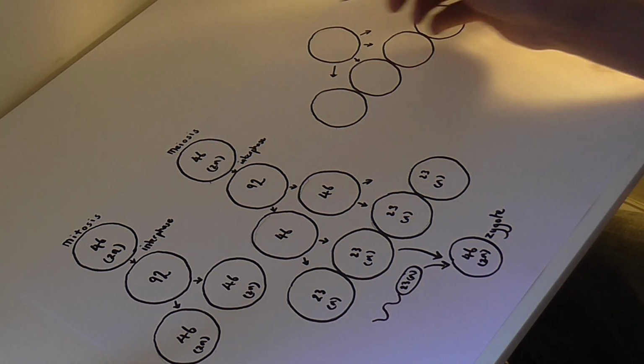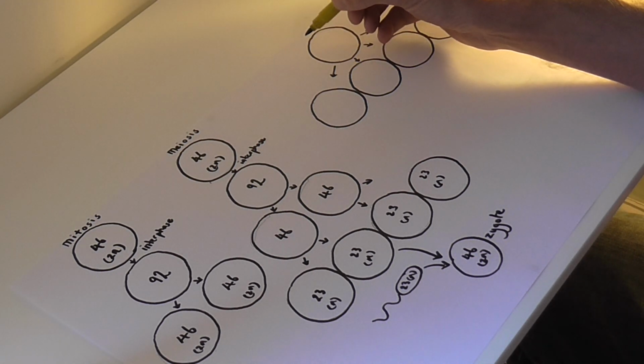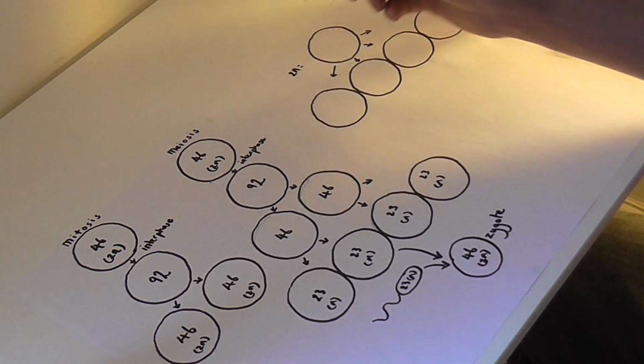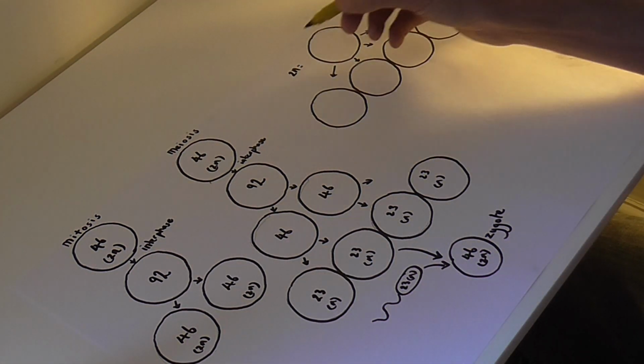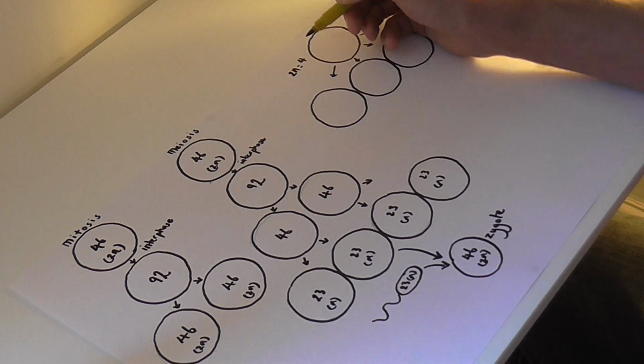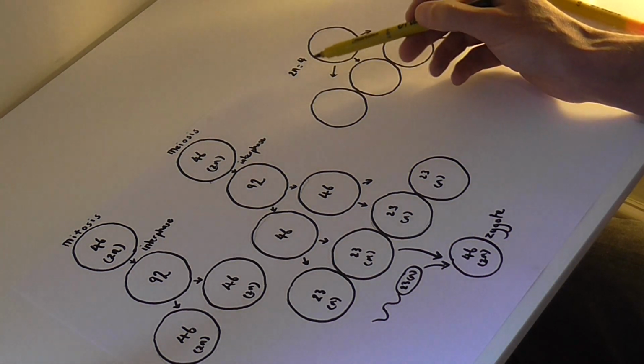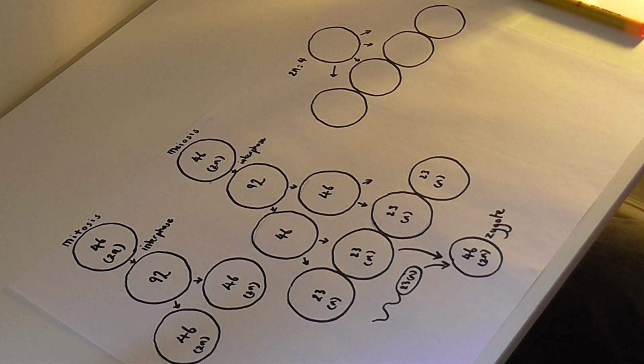Let's say that we're going to look at this particular species, and it has a diploid number of 4. So it's going to have a total of 4 chromosomes, and it will have 2 copies of each of the different chromosomes.